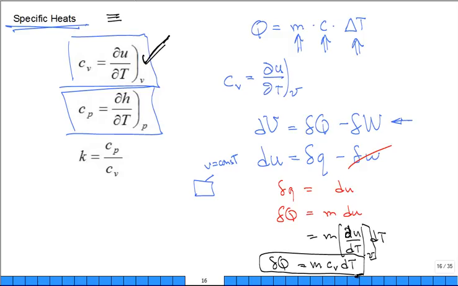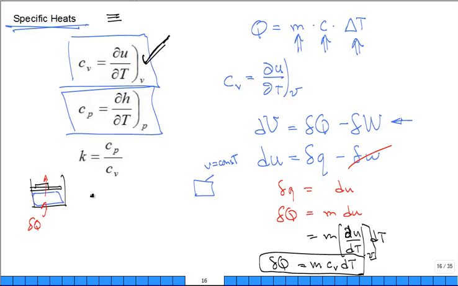Let's do it now for a chunk of substance that's at constant pressure. We like a piston cylinder, which allows us to have constant pressure. There's our substance right there. If I bring in some heat, delta Q, what can happen to the system? It can lift the weight.